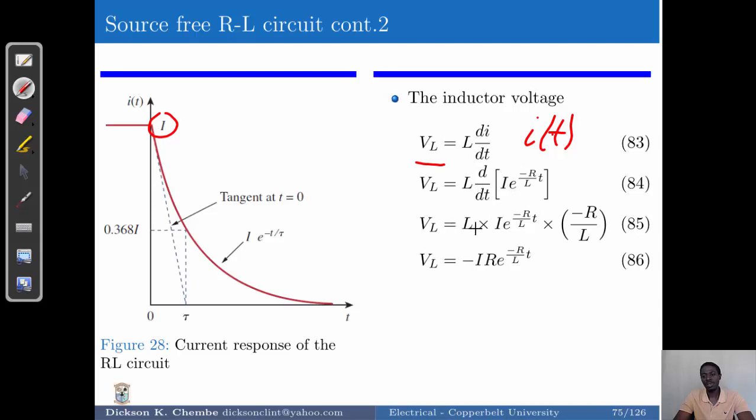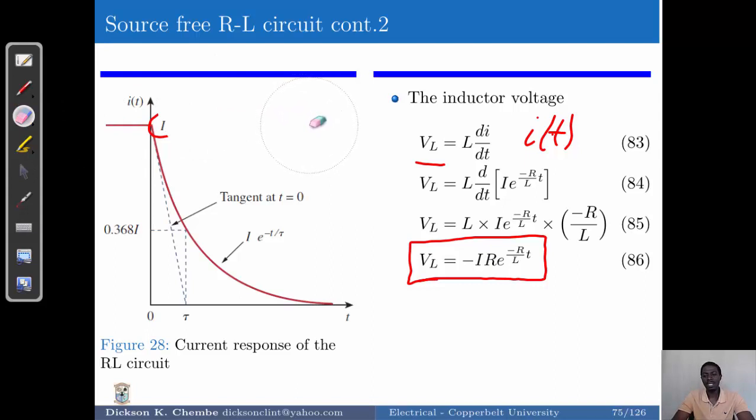When we do the differentiation, we come up with the final solution: VL equal to minus I R e to the minus R over L t. And that's the response that we get when we get the source-free response of the RL circuit.